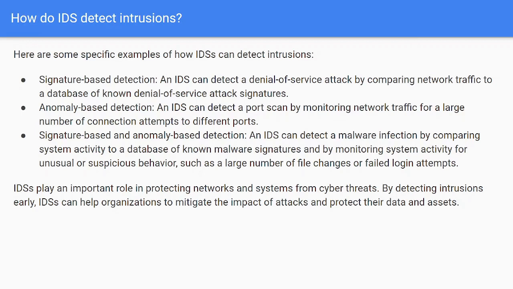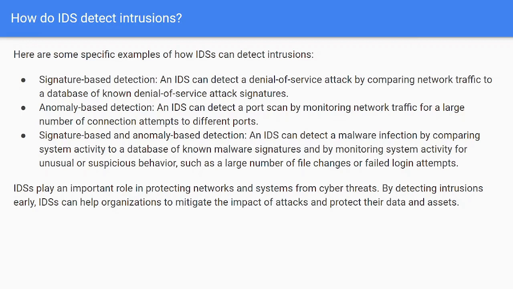Then anomaly-based detection. This is when an IDS can detect a port scan by monitoring network traffic for a number of connection attempts to different ports. So with anomaly-based detection, you can detect that somebody is trying to do a port scan, because maybe on a normal day, this particular host or IP address does not communicate with more than 10 IP addresses in a day.